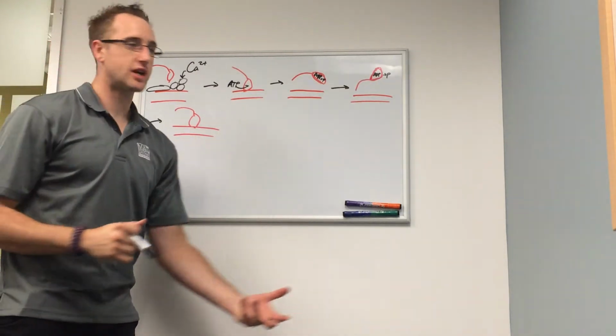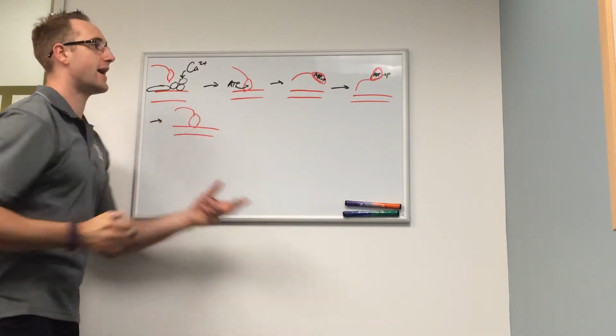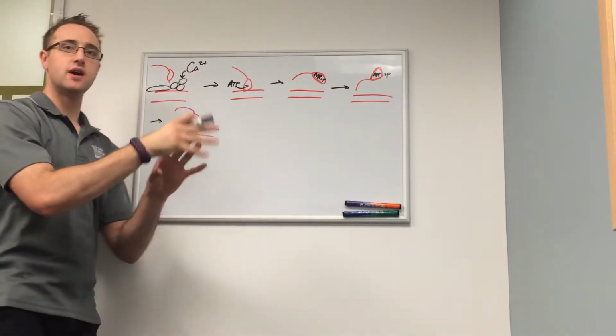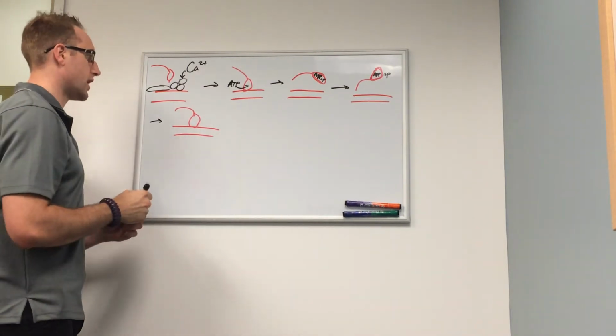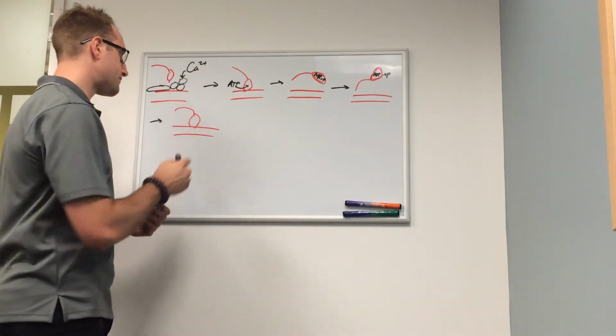Because it's now shifted its shape again, it's going to bind to the actin, assuming calcium has come in and shifted the tropomyosin and troponin complex, okay, exposing the underlying actin.